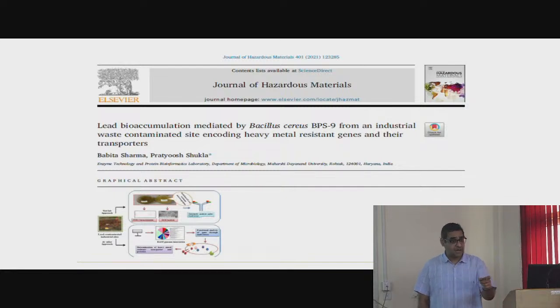But we have used a few of these microbes because we know BPS9 and another study is there. So we know this microbe is good, and we have used it for SynCom, in which one of our postdocs was working. That is a synthetic community, the synthetic consortium which I showed you in the morning.